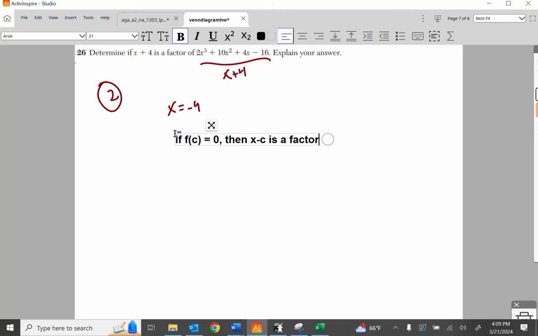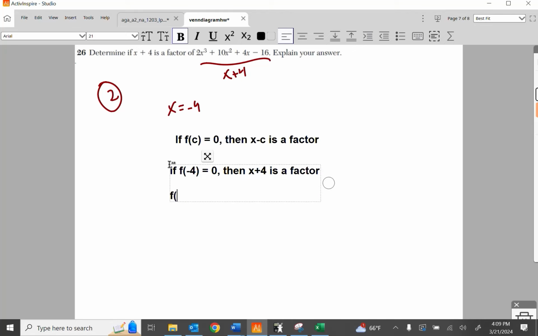All right? That's what remainder theorem says. So x was negative 4. So if f of negative 4 equals 0, then x plus 4 is a factor. And this is a free response question. You're supposed to show your work.